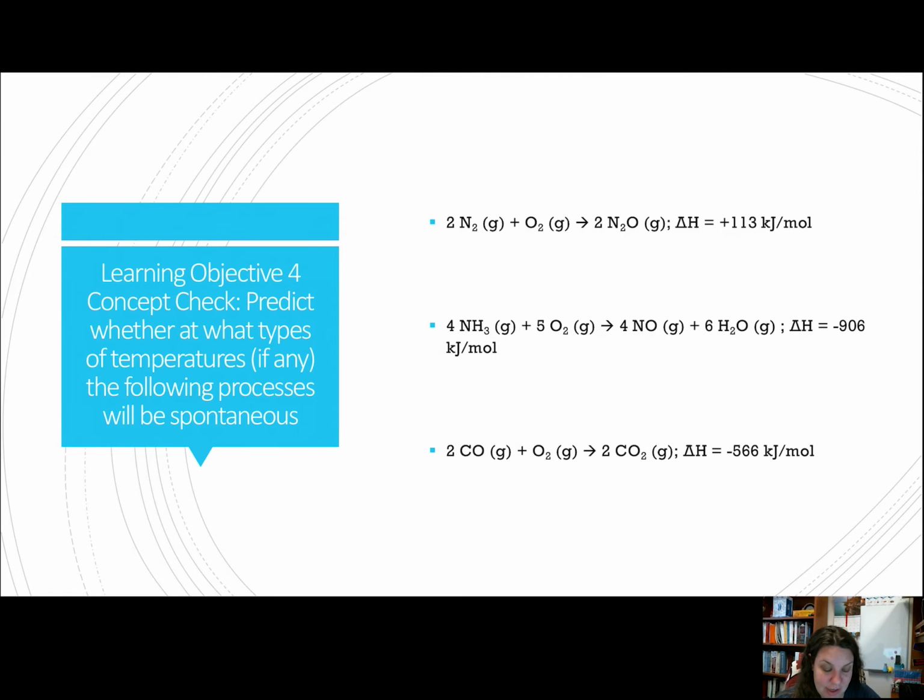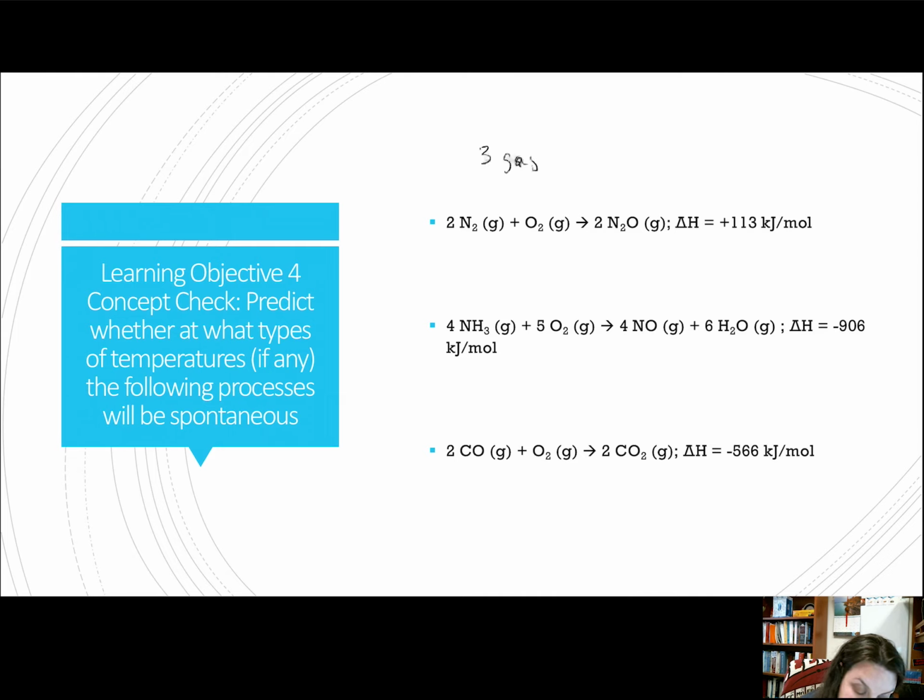Okay, so let's predict whether we will have spontaneous processes, or at what temperatures we'd have spontaneous processes for the following. So we have 2 NO plus O2 going to 2 NO2. Everything's gases, so we have gas plus gas going to gas. Our delta H here is a positive 113 kilojoules.